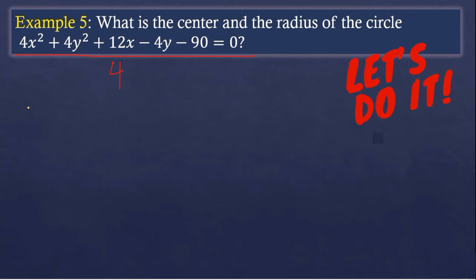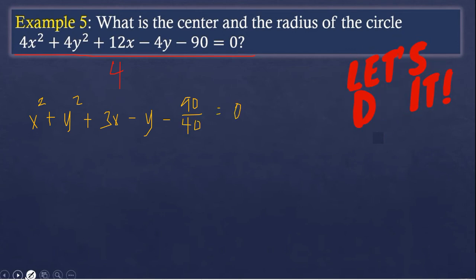So, kapag dinivide mo yan sa 4, ang kanyang new equation is x squared plus y squared plus 3x minus y minus 90 divided by 40 is equal to 0. Minus 4, all over 4. Yan. So, yan yung magiging new equation niya. X squared plus y squared plus 3x minus 4y is minus 90 all over 4.